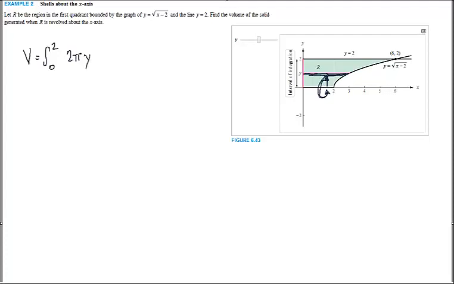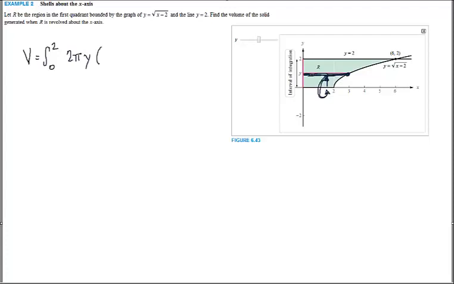So there's going to be my shell circumference. Next, the height of each of these shells is just going to be this function value because it's revolved about the x-axis.